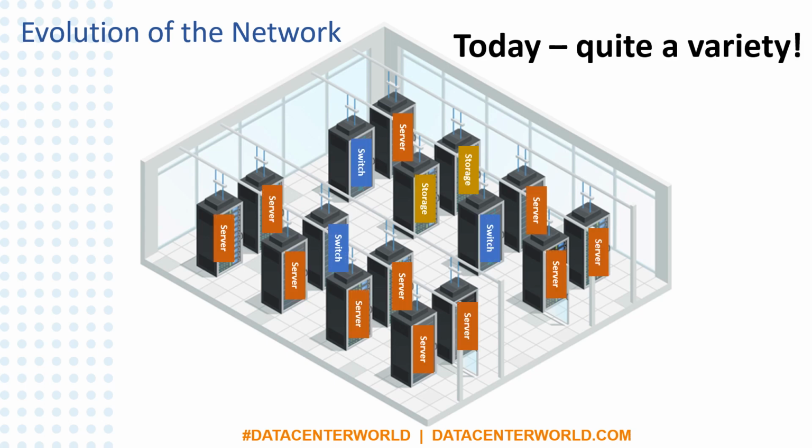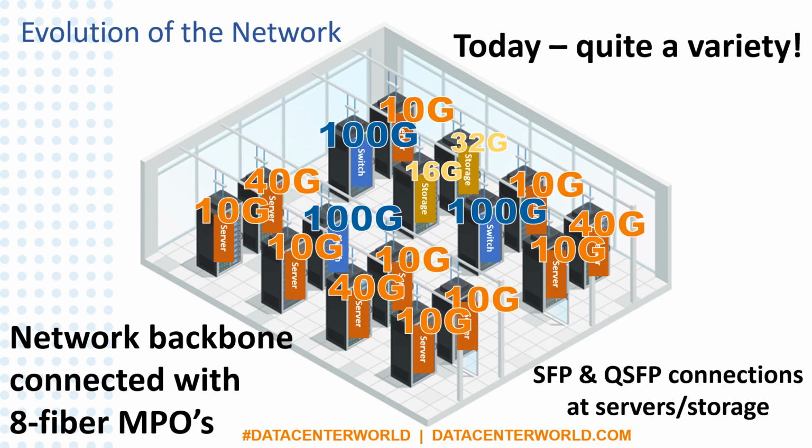As we fast forward to today, most data centers have quite a variety of connection types on their floor. Everything from 10 gig to 40 gig to 100 gig Ethernet, as well as 16 and 32 gig fiber channel. And this means a variety of 2 fiber LC duplex and 8 fiber MPO connections that have to be supported.